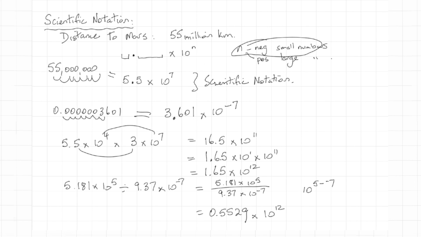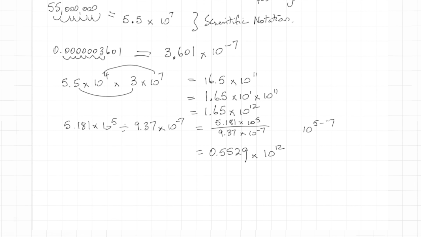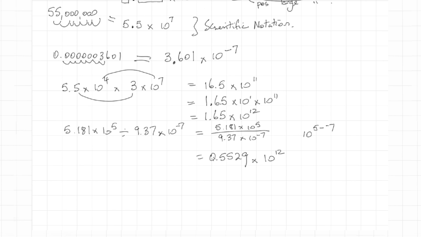Now that's not correct yet, because we know that we've got to have a number before the decimal place. So that'll be 5.529 times 10 to the minus 1. 10 to the minus 1 moves the decimal place one spot that way, times 10 to the power of 12. 5.529.